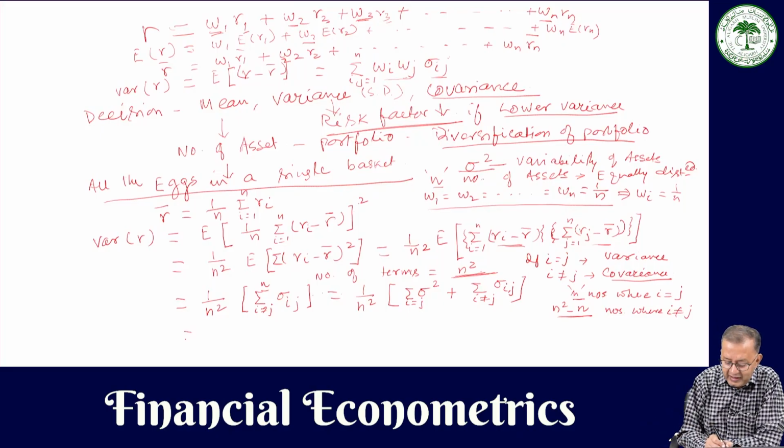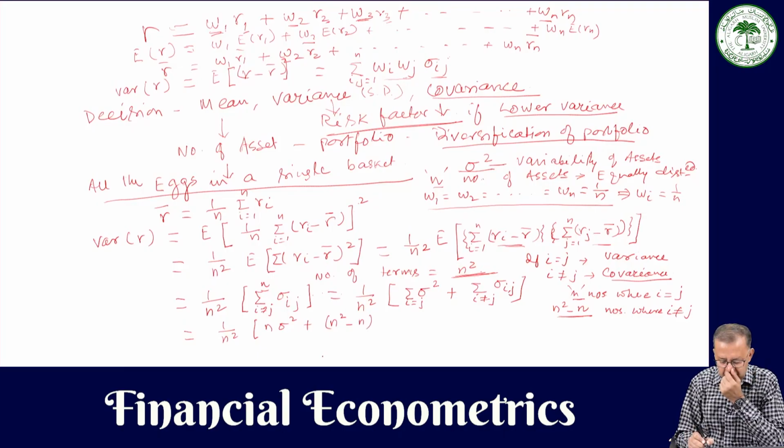So if you go and add this, this will be equal to 1 upon n square. Since sigma square is constant, this is n sigma square plus n square minus n into this term sigma ij.